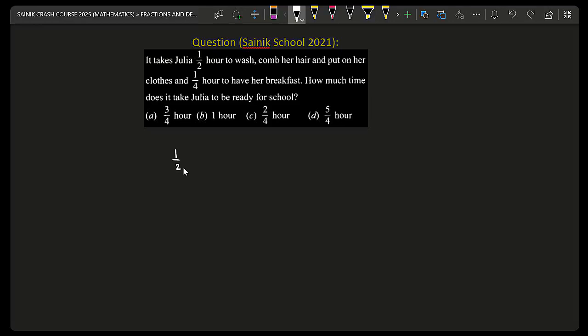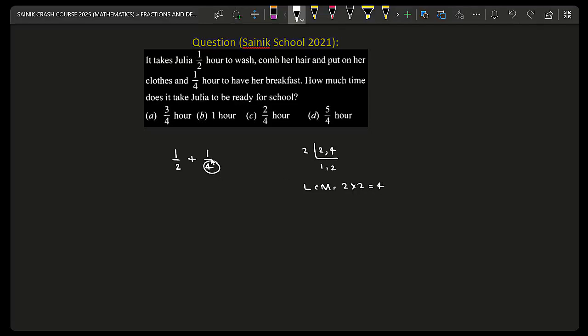She takes 1/4 of the hour to complete her breakfast. Okay, which operation are we doing now? Addition. Are they like fractions or unlike fractions? Unlike. Now I want to convert into same denominator. Can I have the LCM of 2 and 4? That is 2 ones and 2 twos. What is the LCM? 4.